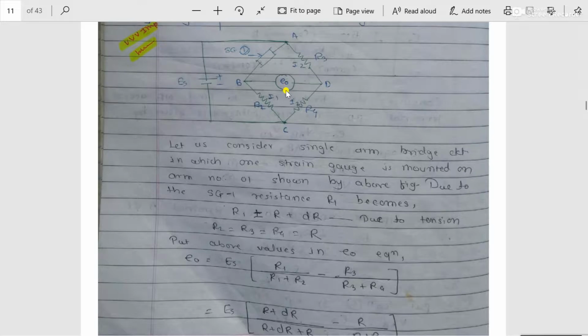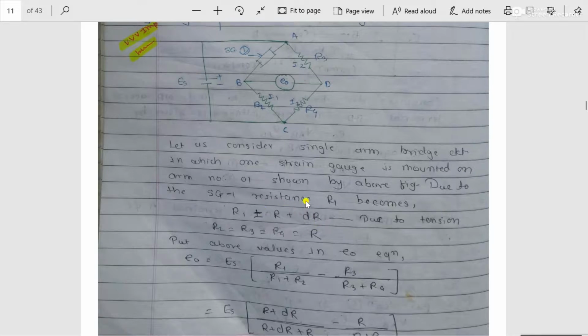But if the load is applied, the resistance of the strain gauge goes on increasing. Why? Because it is subjected to tension. So before application of load, R is the resistance of the strain gauge, and R plus delta R is the resistance after the application of load.